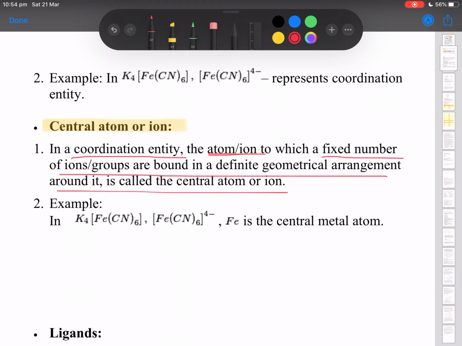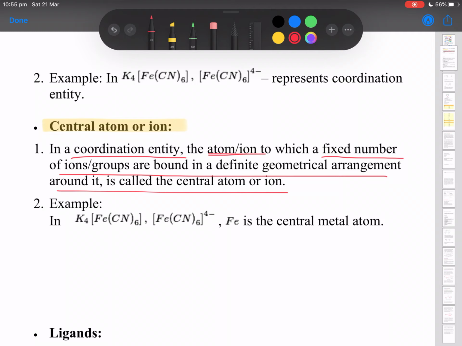And these ligands will give you a particular type of spatial arrangement that we will be talking about in the concept of isomerism. So as of now, just keep in mind that ligands which are surrounding the metal atom will align in such a way that they will have a particular spatial arrangement in 3D space, right?